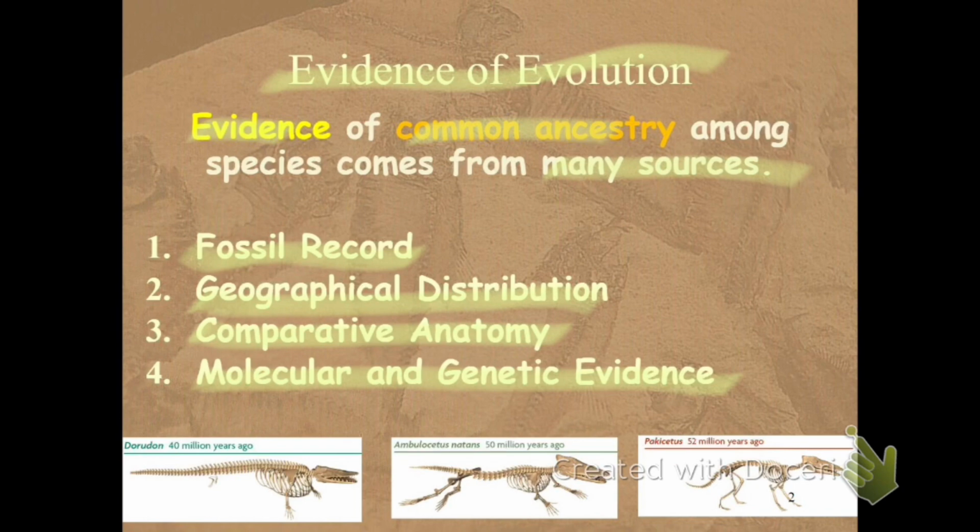Left-hand column, evidence of evolution. Right-hand column, evidence, common ancestry, many sources. And then we're going to list these 4. And then in a moment, we're going to dig into each of these.